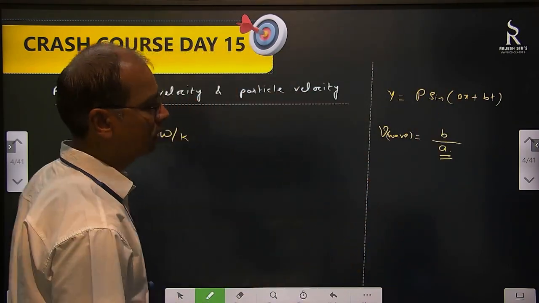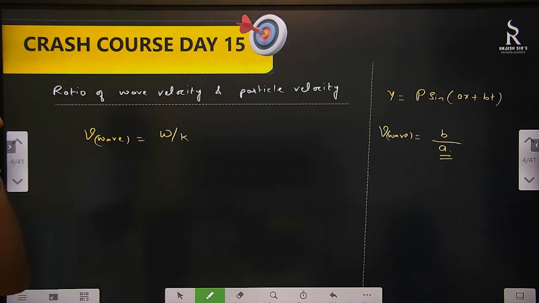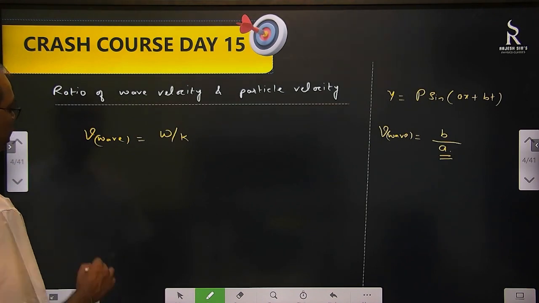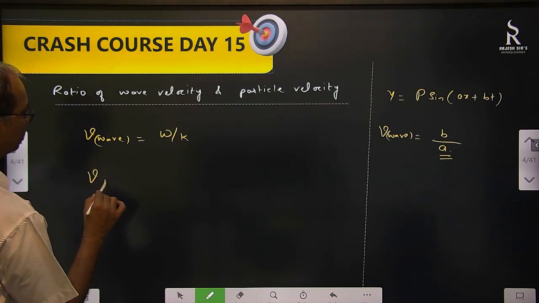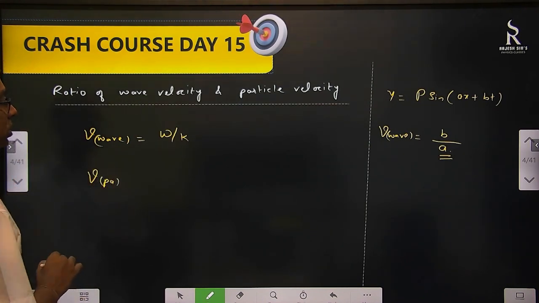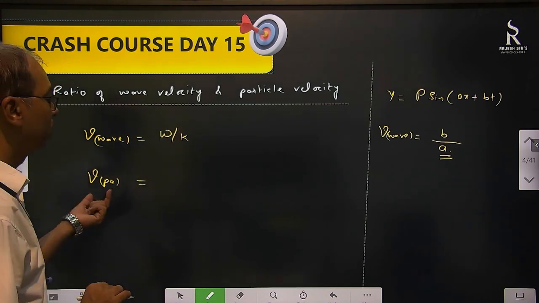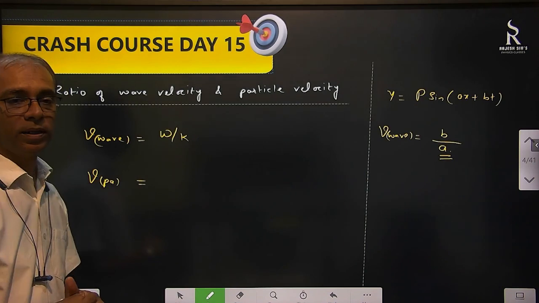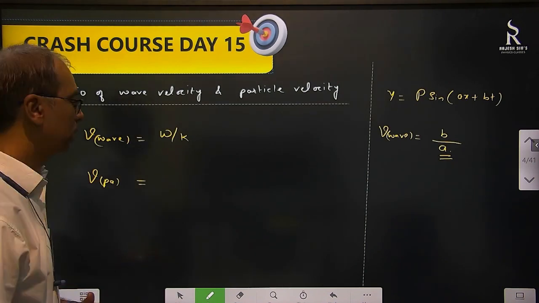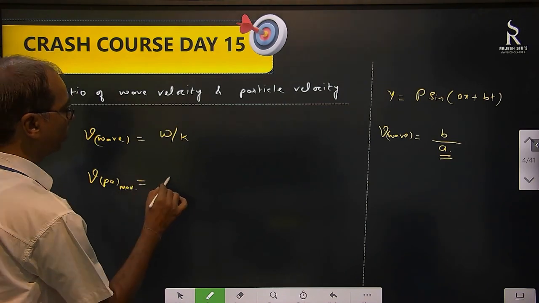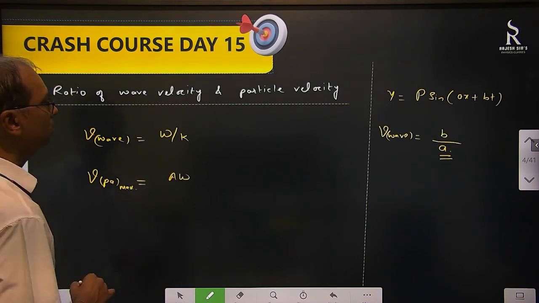Like this it will be written, so you should be able to find out the velocity of wave. Okay, fine. So velocity of wave is what? ω by k. Now velocity of particle. If we have to find this ratio, then we need to know whether he is talking about maximum velocity of particle or what. If he is talking about maximum velocity, then that is aω.